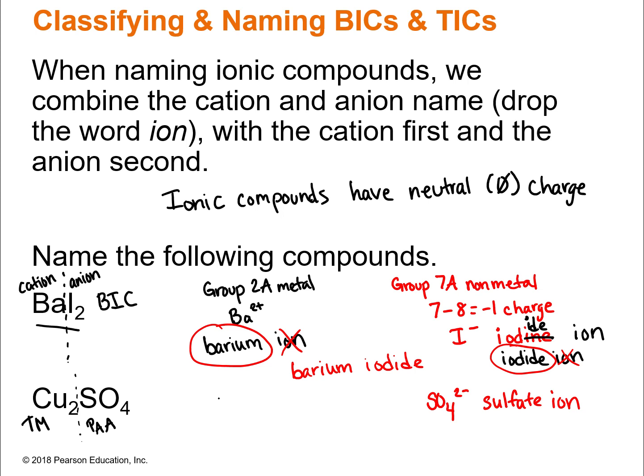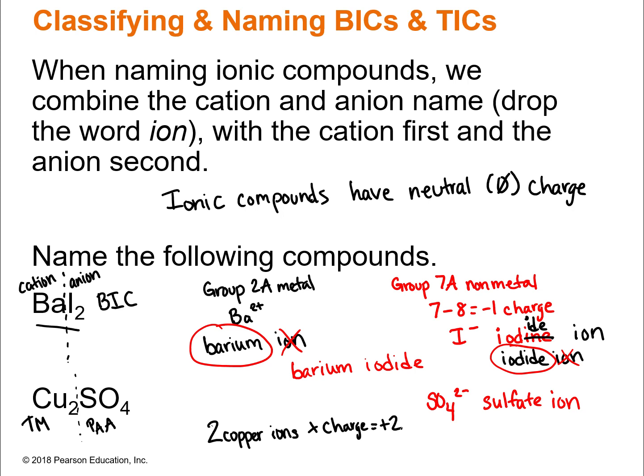I've got 2 copper ions. And when I multiply by their charge, it has to equal a +2.